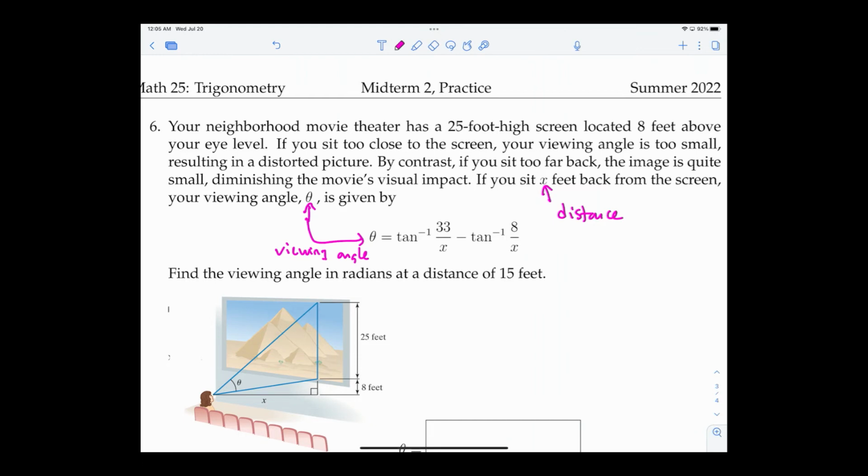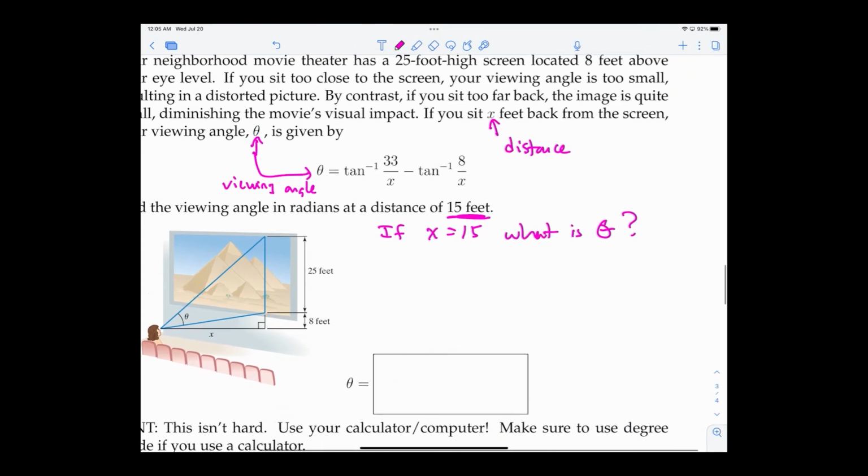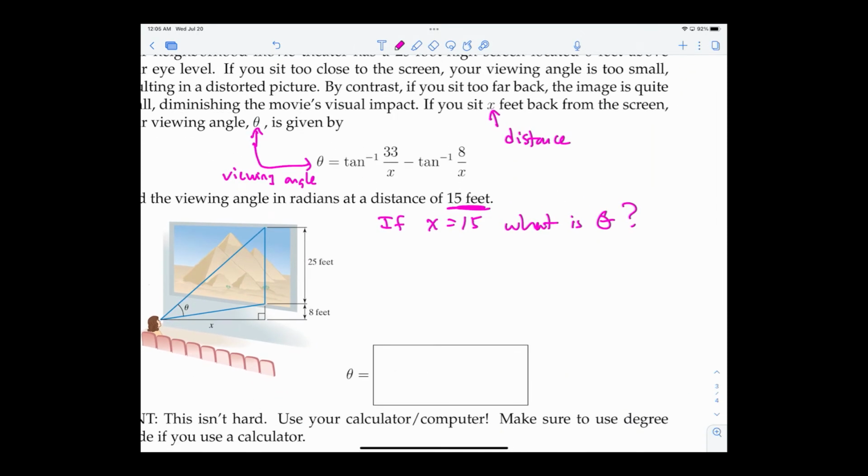All they're asking you to do when they say distance is 15 feet is, if x is 15 feet, what is theta? And all you do is plug in 15 and calculate it with a calculator. So that's why I say it's easy. They use all these words to try to trick you, but you're just plugging in 15. 15 is the distance, and the angle is what we're going to calculate.